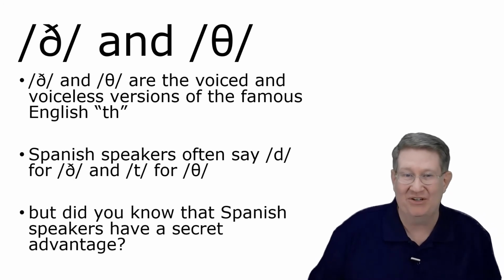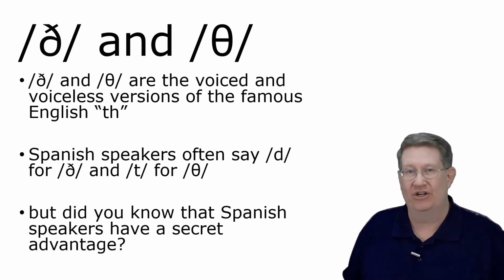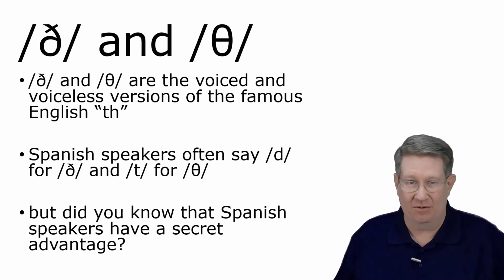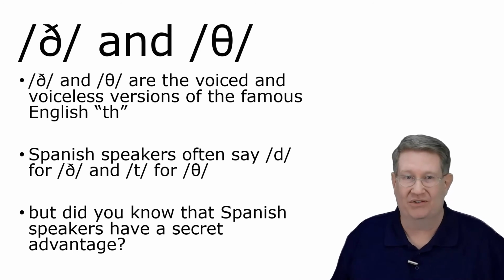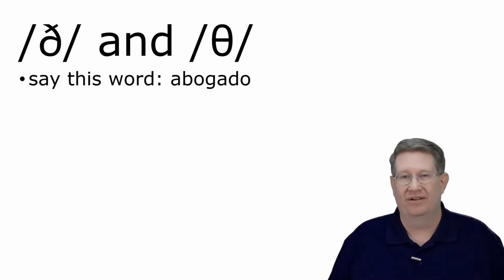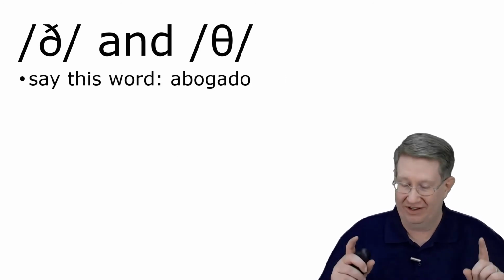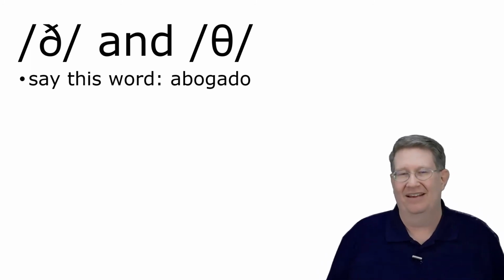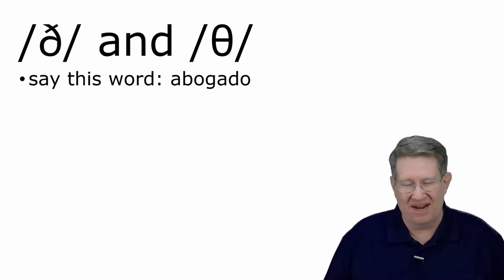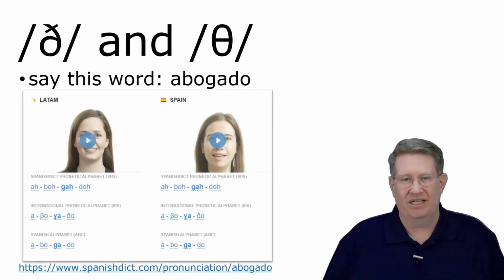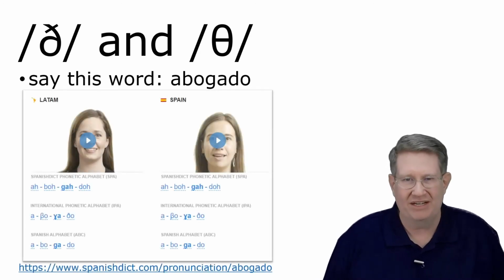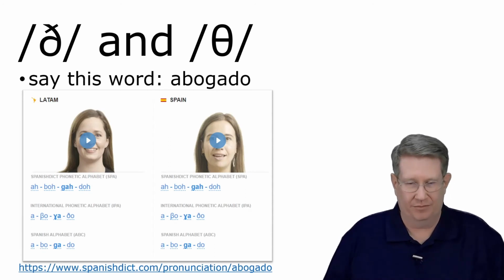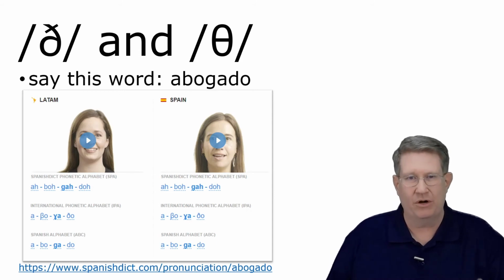Did you know that Spanish speakers have a secret advantage in making these sounds over many other languages? Because you do. Watch this. Say this word. And I'm not going to say it because, as you know from the last video, I don't speak Spanish. But I want to show you something. I took this from the Spanish Dictionary website, and you can see that there's two different people who say this.